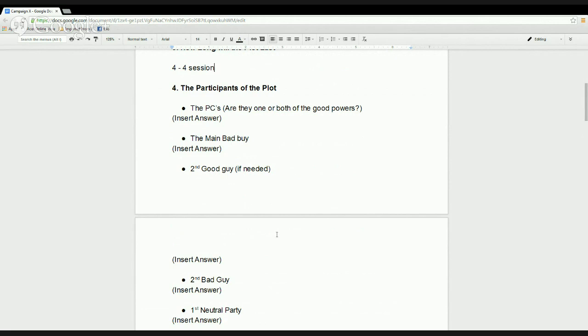And for my choice, the PCs are going to represent both good parties. So they will be both good party 1 and good party 2. There will not be another good party. And good and bad are relative terms. It has to do with the specific motivations of the PCs, not a good-evil alignment from a D&D sense.